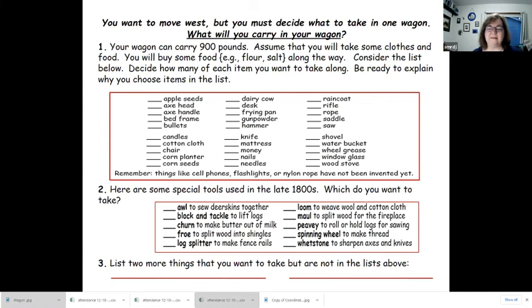So you need to set a time limit, or I found I needed to, and just said, you're going to have 20 minutes, and in that 20 minutes, you have to decide what's going to be in your wagon. I'd give them time to start trying to get it together, but some of my groups just couldn't come to a decision. So you've got to cut it off. And this is after you have someone who's supposedly leading the group.